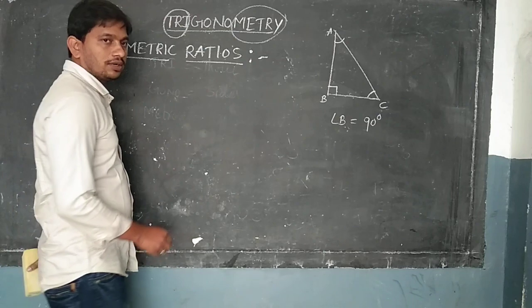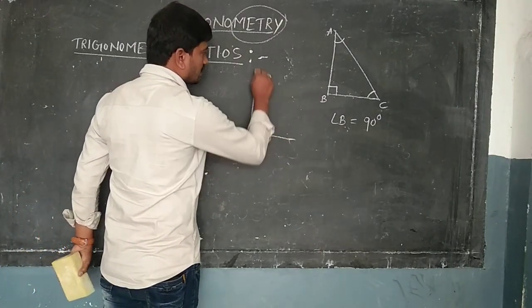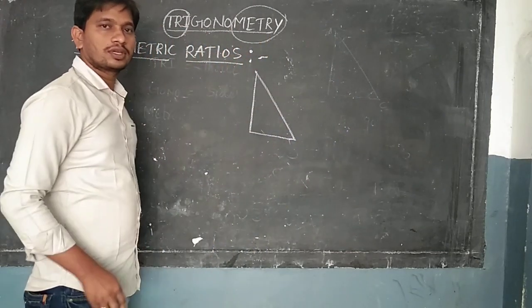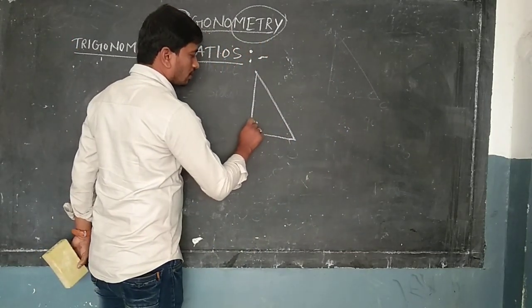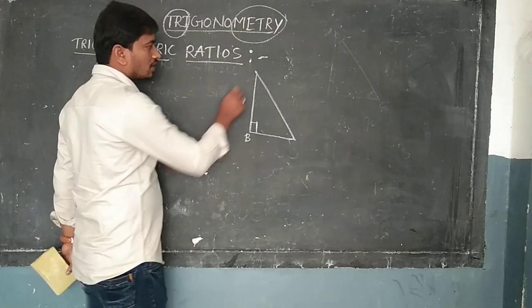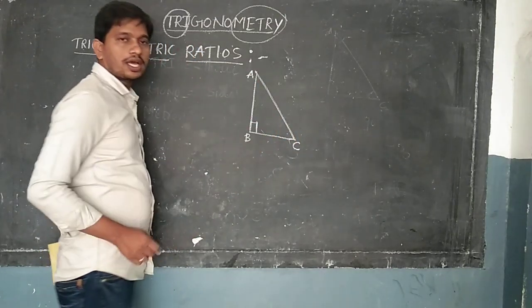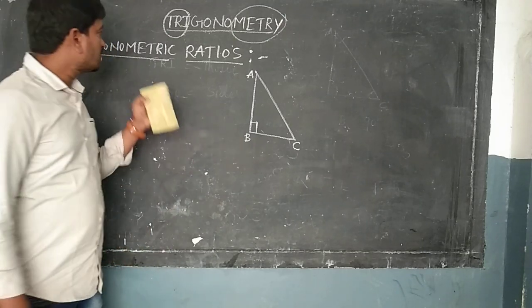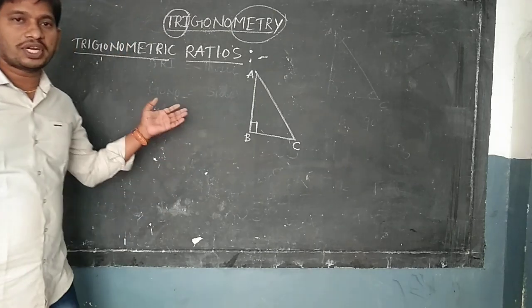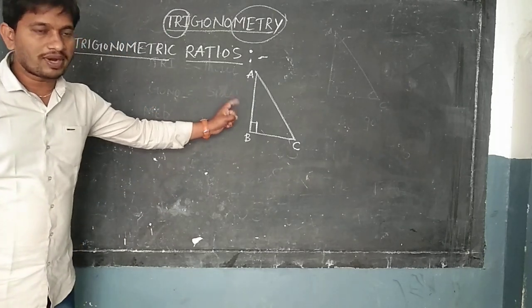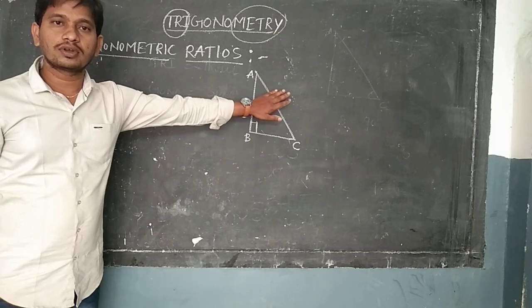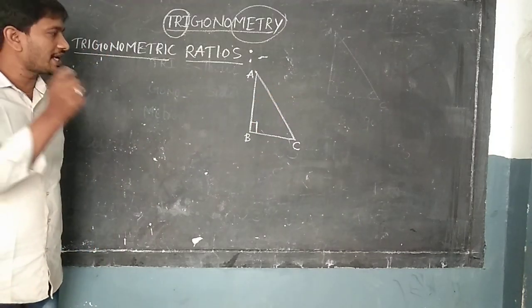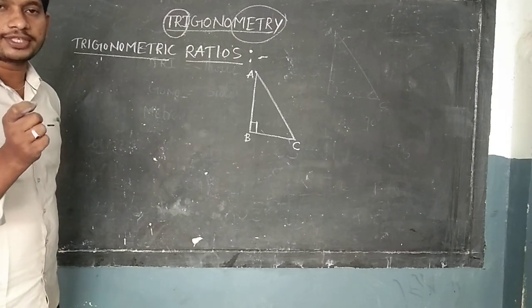Let us consider a right angle triangle ABC in which the right angle is at B, and angle A and angle C are 2 acute angles. Ratios of sides of a right angle triangle are called trigonometric ratios.